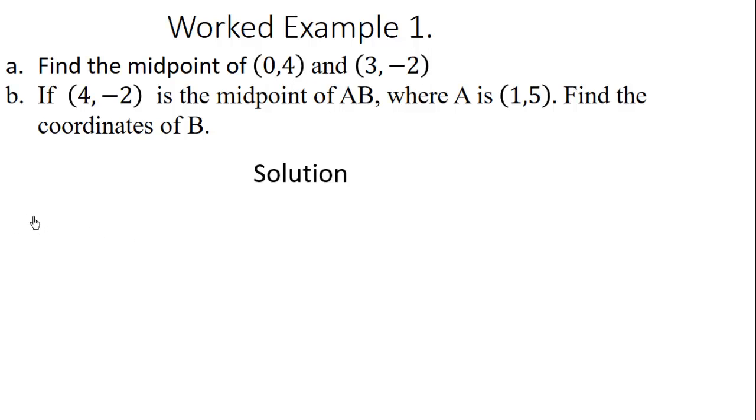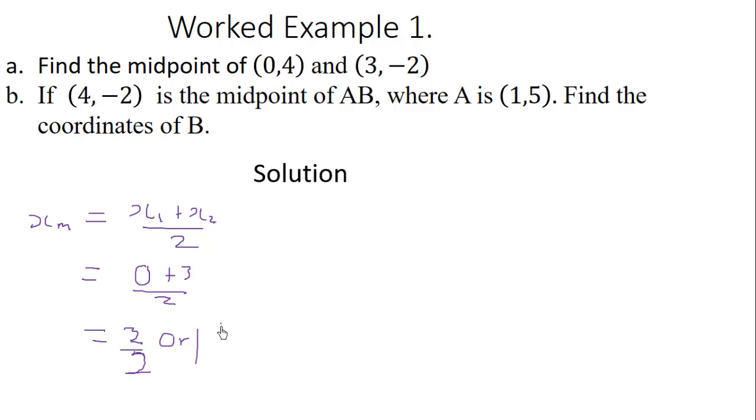So you know that the x-coordinate of the midpoint is given by x of m, which is x1 plus x2 over 2, and so this will give us 0 plus 3 over 2, which is the same as 3 over 2, or one whole number 1 over 2.